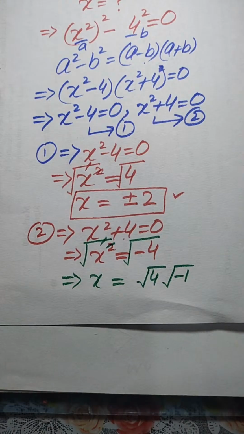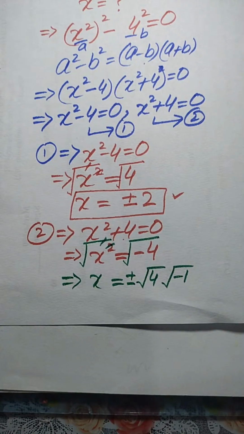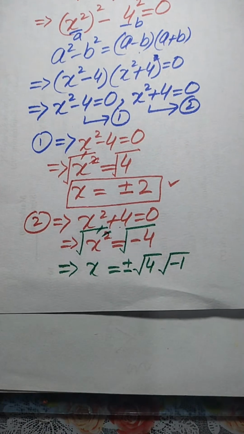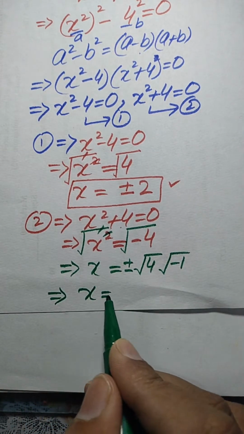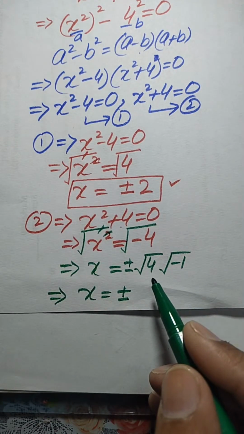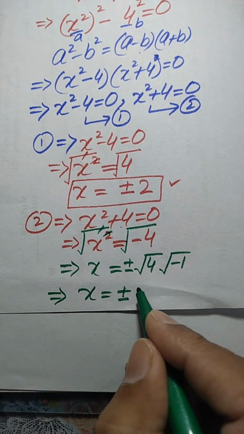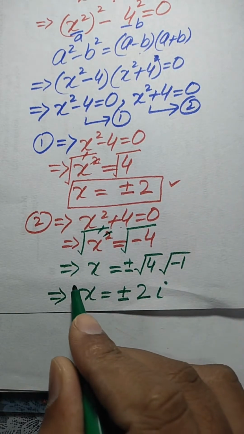Further, when we apply square root on both sides, we write plus minus on any one of the sides, and we get x is equal to plus minus, we know that square root of 4 is equal to 2, and square root of minus 1 is equal to iota.